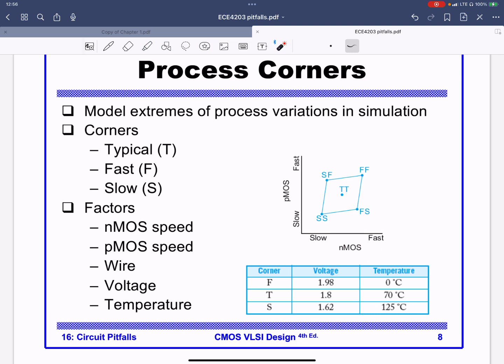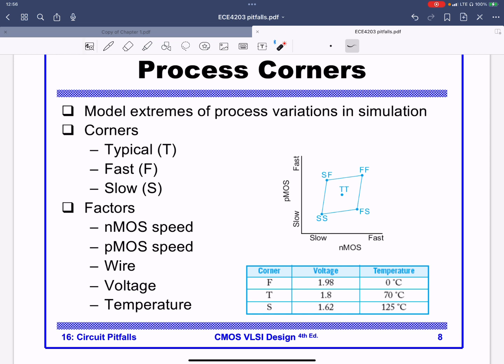So in SPICE, there's a .temp card or line, and you basically can adjust your temperature with that. This is the junction temperature, or the actual device temperature.